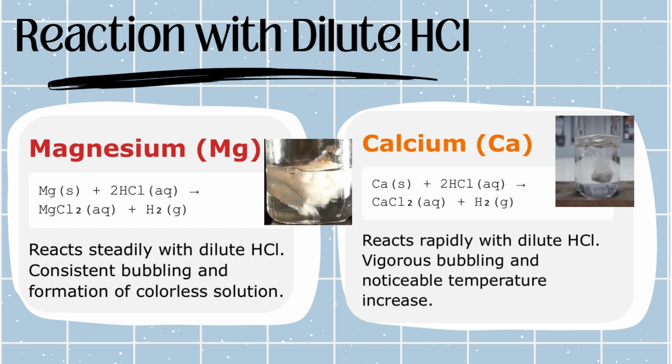While calcium plus 2 hydrochloric acid will lead us to calcium chloride plus hydrogen gas. As we observe in the image, the calcium reacts rapidly with dilute hydrochloric acid. And also there is vigorous bubbling and noticeable temperature increase.